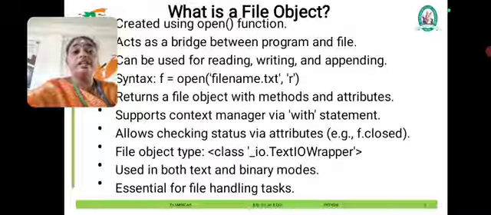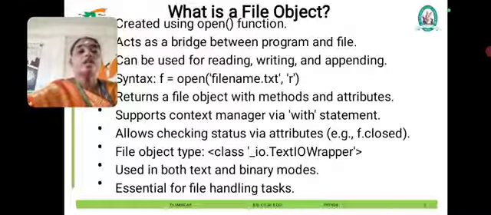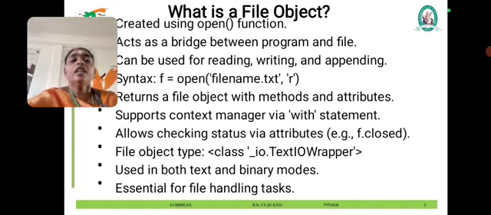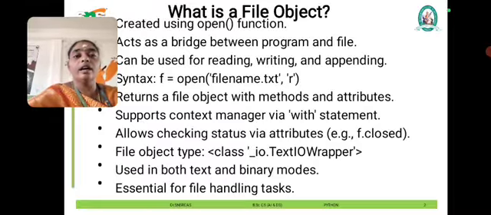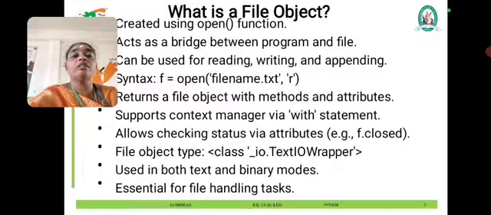That function returns an object, which also has attributes. With these attributes we can check whether the file is closed or not, what type of mode is being used, and what the file name is. Everything can be identified.